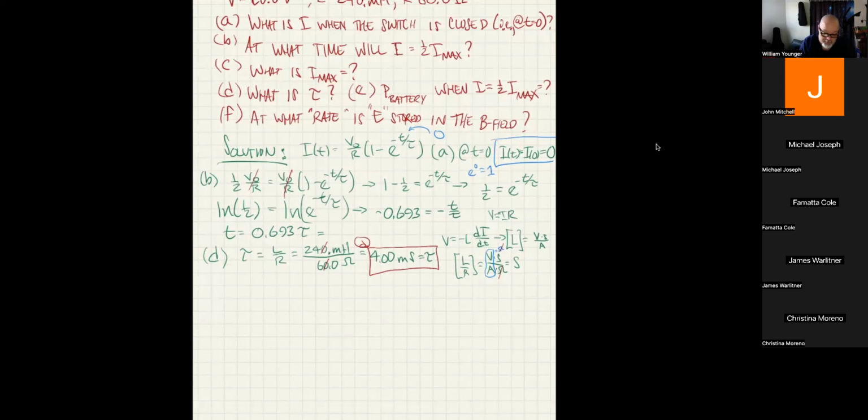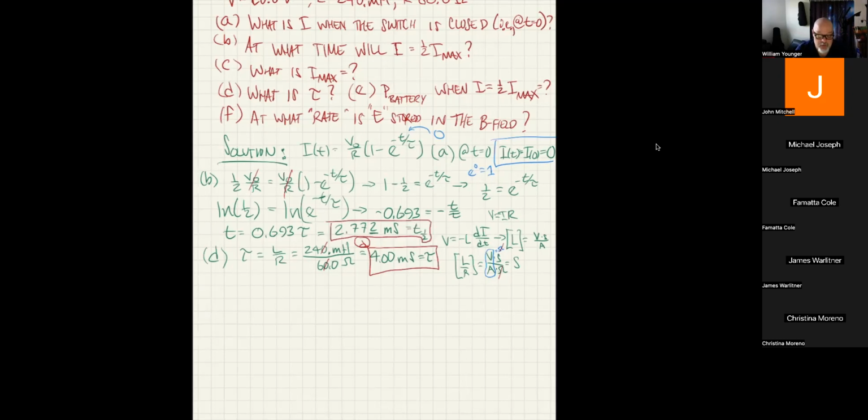Obviously it's going to be about 2.5 something, but 0.693 times 4 is 2.772 with one extra sig fig, so I'm underlining it, milliseconds is equal to T. And I'll write that as T 1/2, meaning the time required for it to get up to 1/2 of its max.